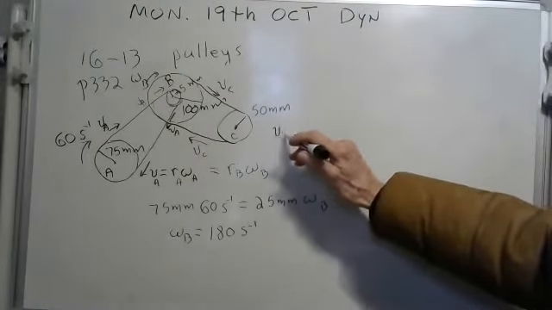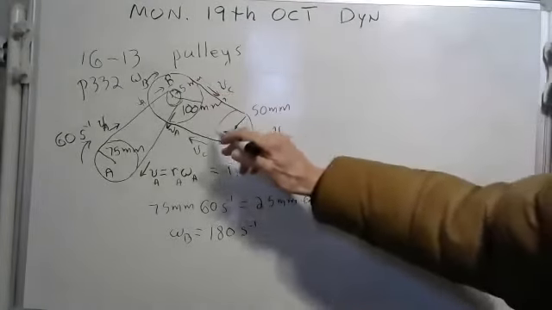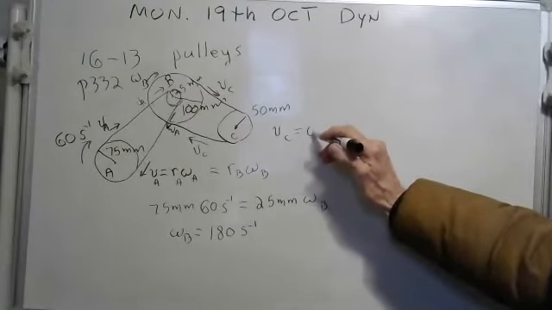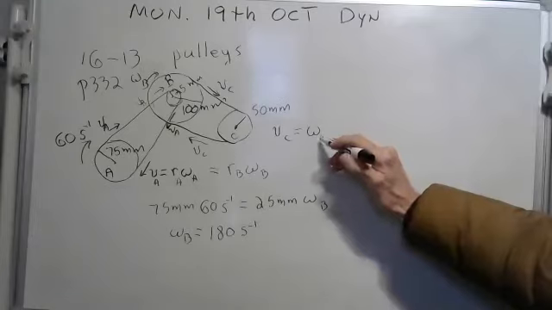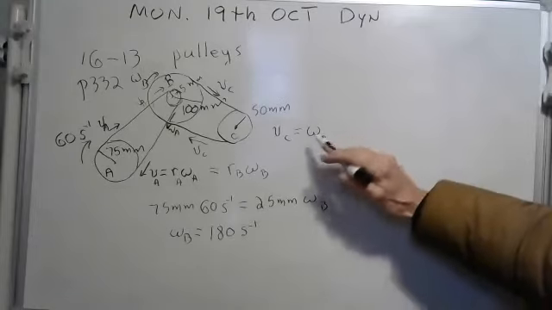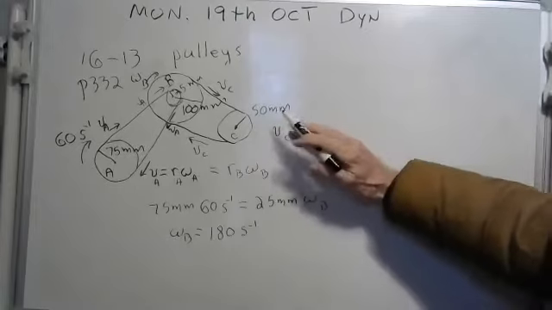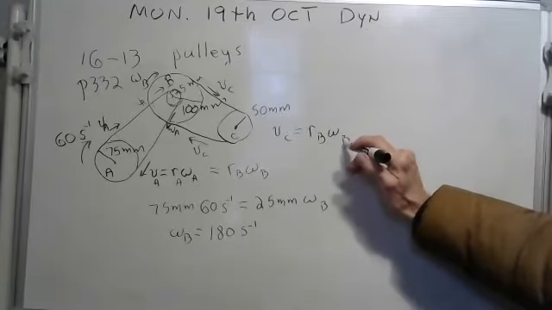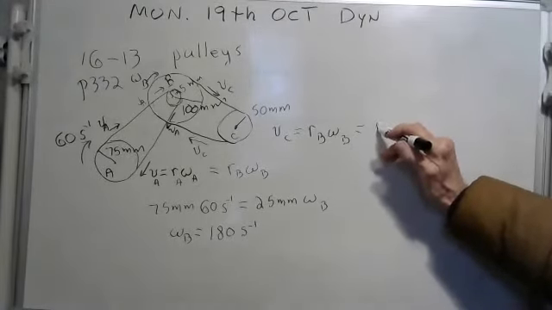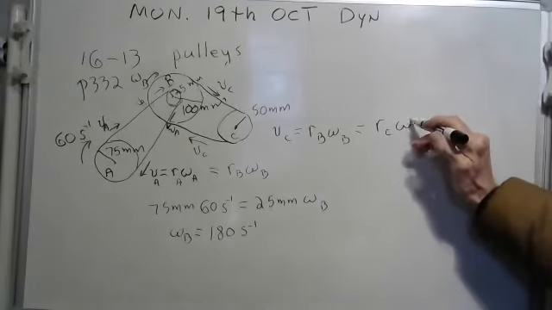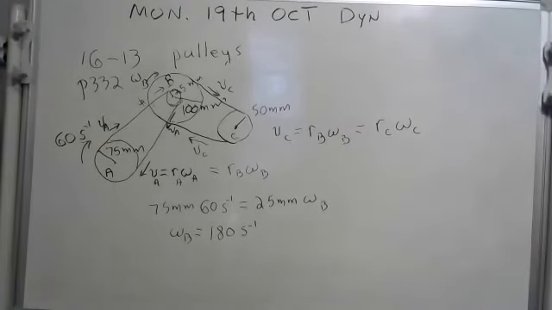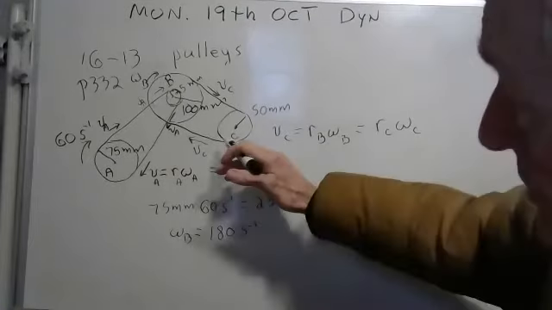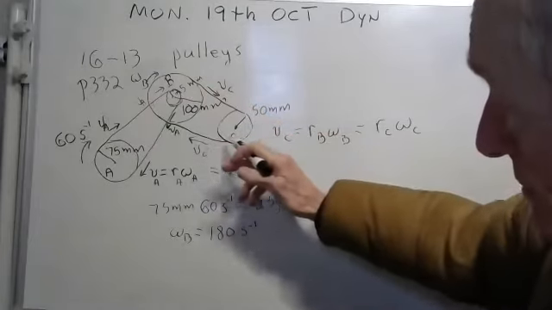The velocity of the belt that's going around these two pulleys is equal to, in this case, R of B times omega B. And it's going to have to equal R of C times omega C, because the belt has to have the same velocity going around those pulleys.